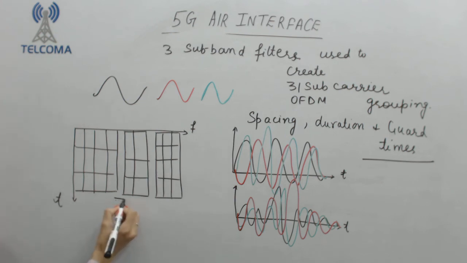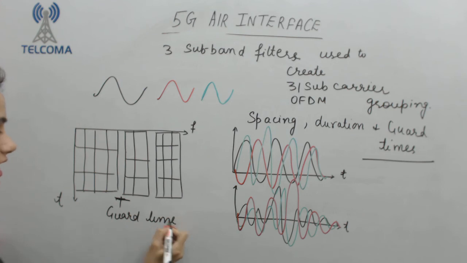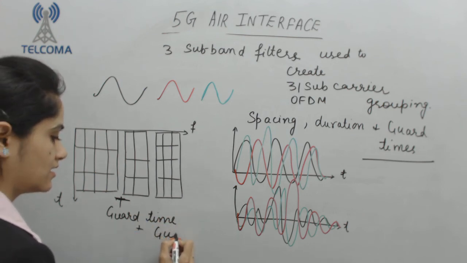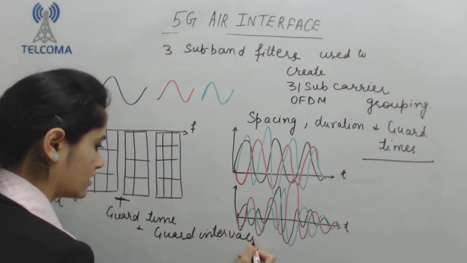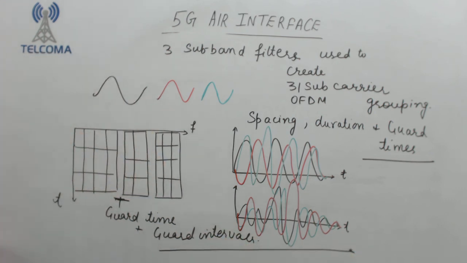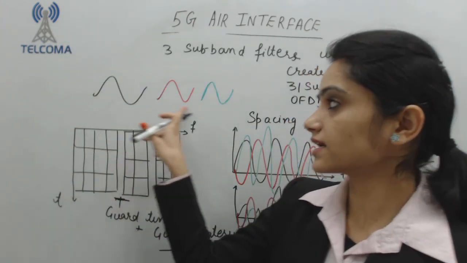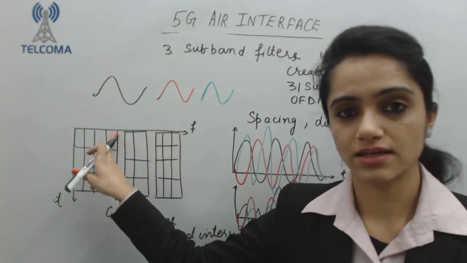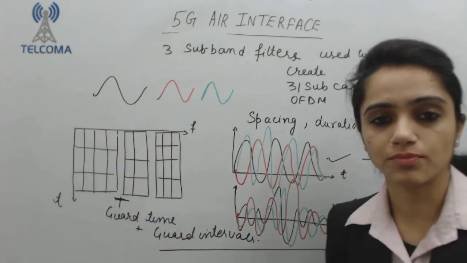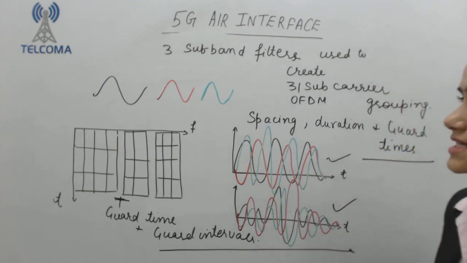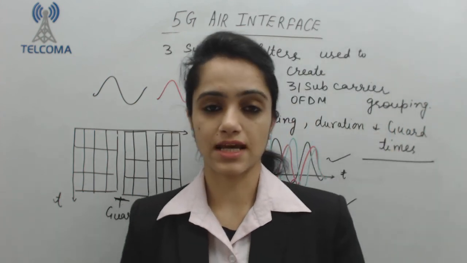We require to provide guard time and guard intervals in this concept of multiple access. So why are we having multiple access? Because we are combining a number of waveforms together. So this is spacing 1, single carrier 1, this is 2, and so on. So this is the concept of filtered OFDM that we have discussed in the air interface class today.